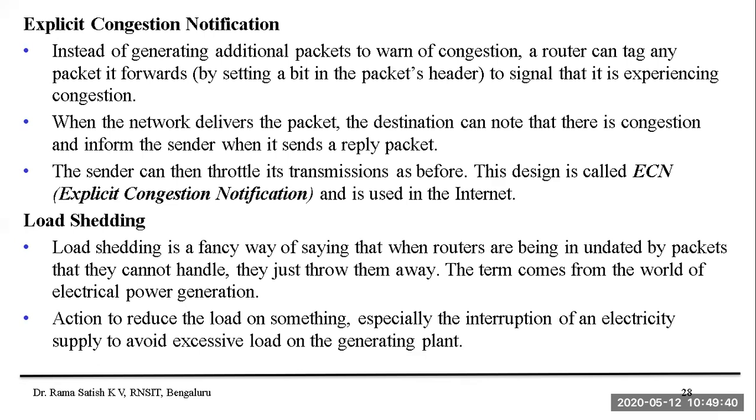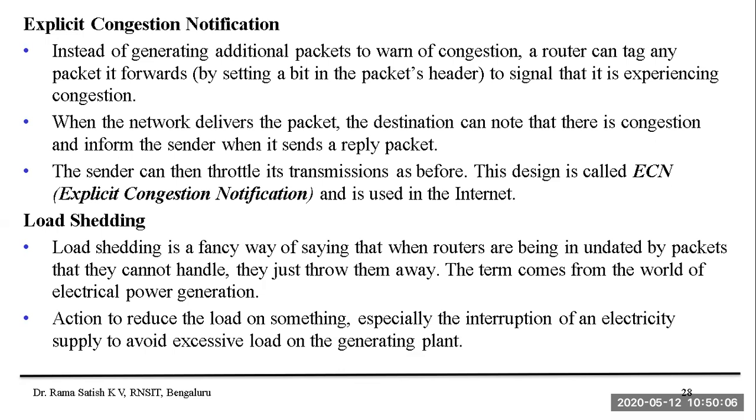So this is indicating there is congestion about to happen in this particular path. All the computers, all the networks, all the routers involved in this path will understand that congestion is about to happen, and they will avoid this route.